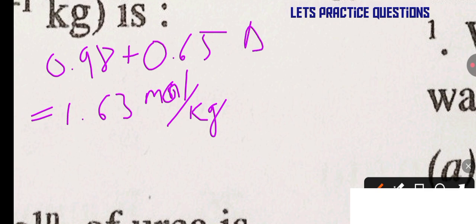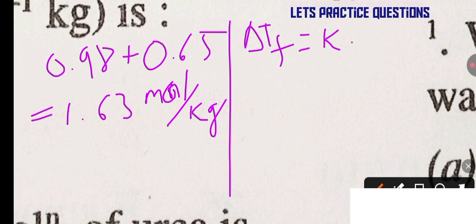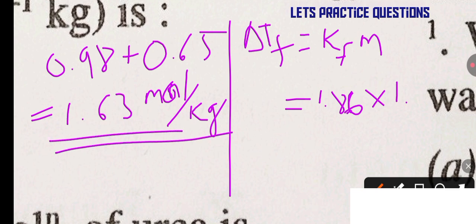Delta Tf, that is depression in freezing point, equals cryoscopic constant into molality. Cryoscopic constant is given as 1.86, into the molality we found, 1.63. Let's multiply 1.86 into 1.63. We have the answer, that is 3.03 Kelvin.